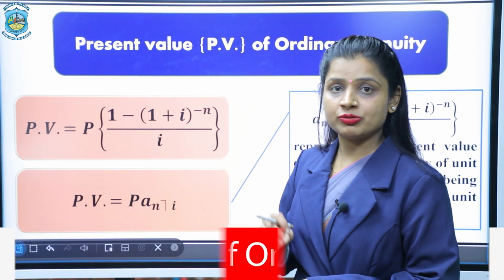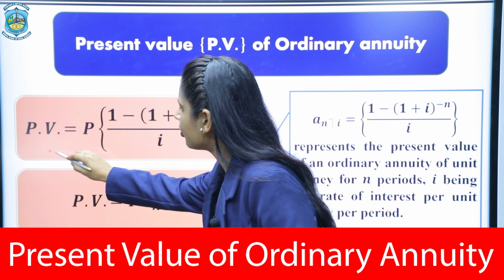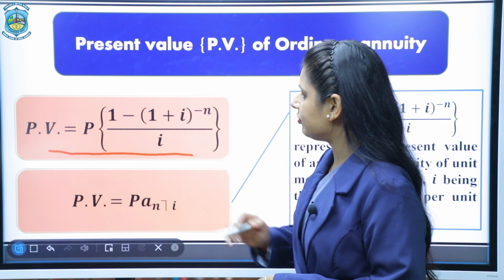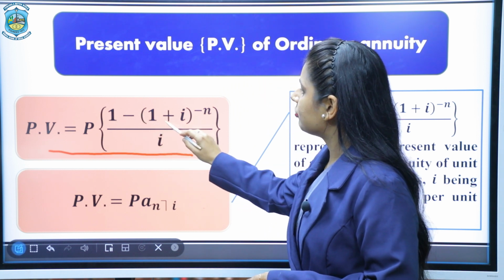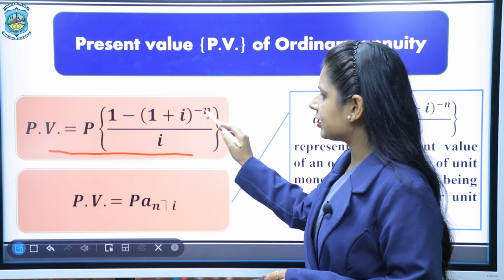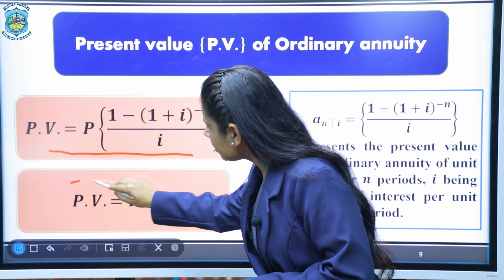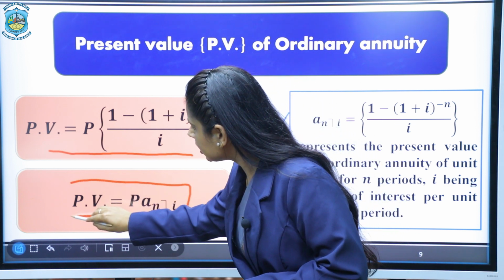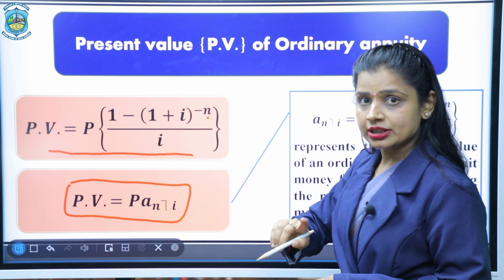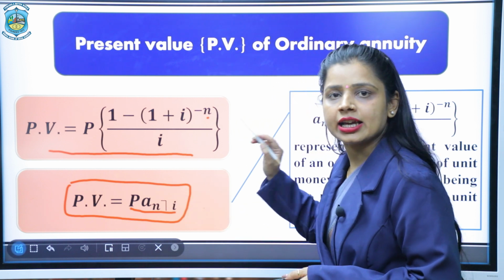Present value of an annuity, ordinary annuity, is calculated by this formula: PV equals P multiplied by (1 minus (1 plus i) to the power minus n) upon i, where i and n have the usual meaning. We may simplify this formula in terms of a angle n at i, and the present value can be denoted by P a angle n at i.